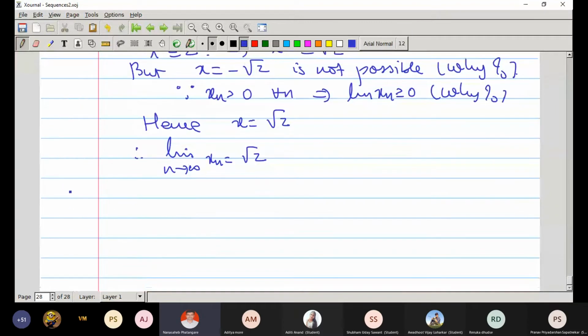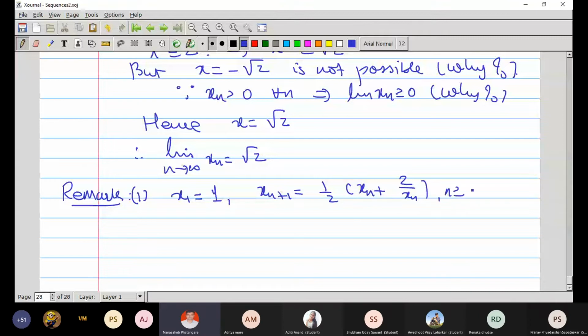Now this is a very interesting and important problem. We defined x1 as 1 and xn plus 1 as half of xn plus 2 upon xn. This was our sequence. Then xn is a sequence of rational numbers.